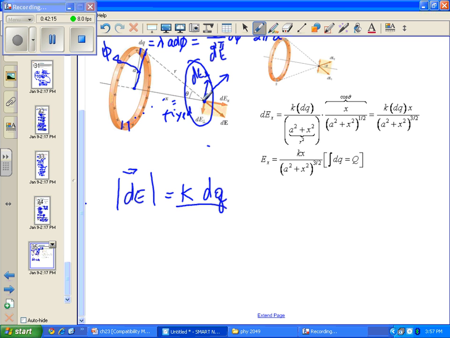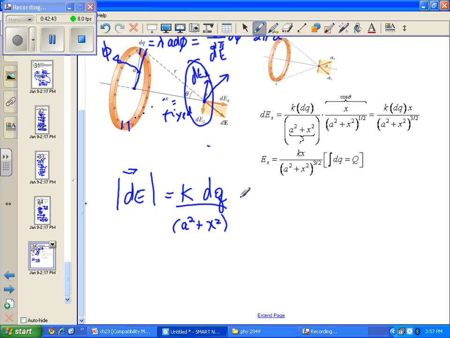We've got x, which is fixed here. We've got a, which is fixed here. Well, the distance of separation between this dq and P is r, and it's the distance of separation squared, so it's r squared. So r is the square root of a squared plus x squared by Pythagorean. And if we square that, we get a squared plus x squared.